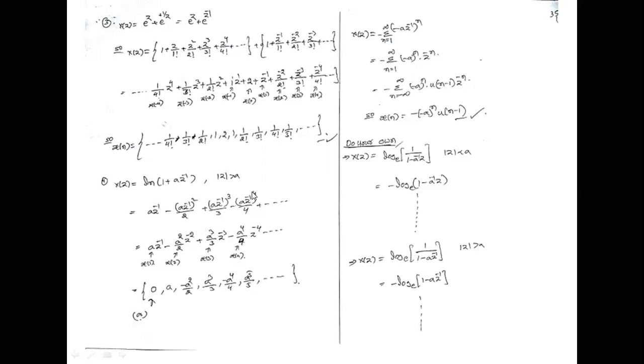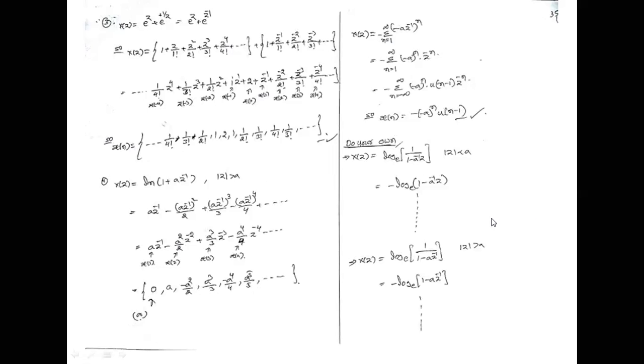See, these are all negative powers. So the coefficients are x of 1, x of 2, where x of 2 is minus a square by 2, a cube by 3, minus a power 4 by 4, and a power 5 by 5 and so on.